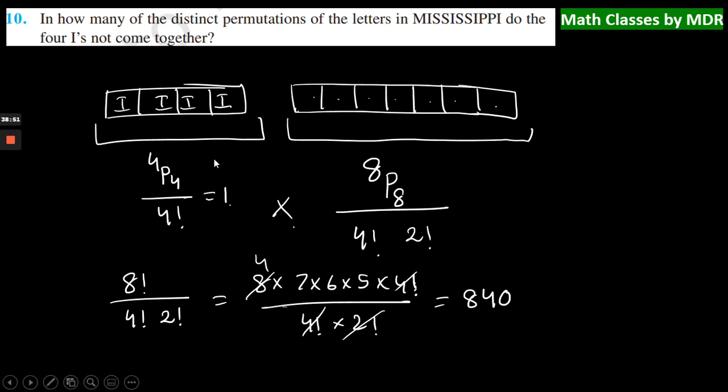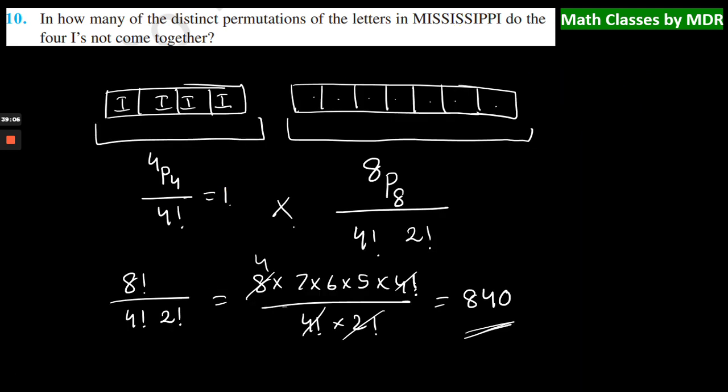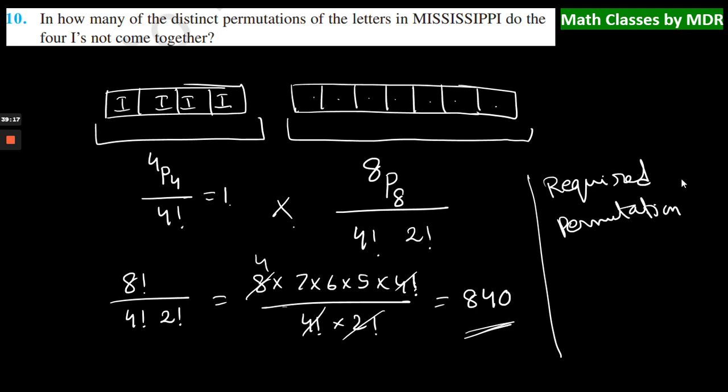So now if we do not want the words with all 4 i's together, what do we have to do? We have to subtract the number of these words from the number of distinct words, right? So what is that? 34,650. So the required permutations is equal to 34,650 minus 840.